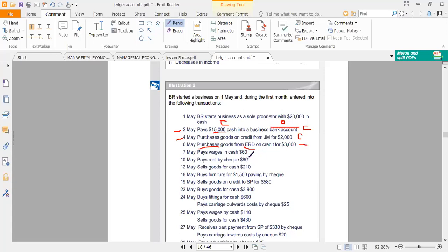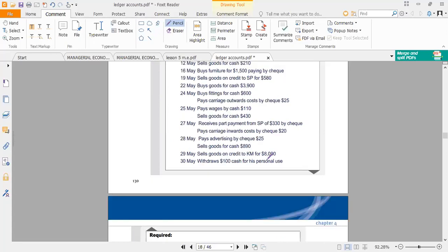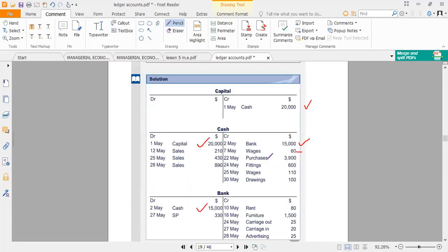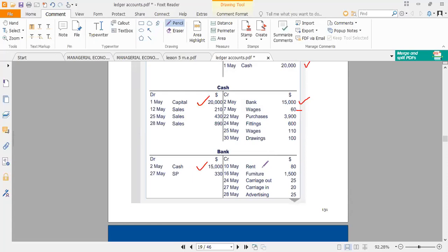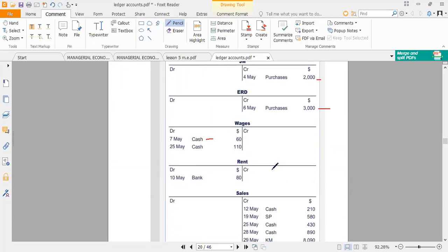We will credit the bank. Good. Then the rent is debit. Why? Because we're receiving the expense. So we'll go to the bank account, we'll put rent here, 80, good. Then we go to the rent account, we're going to write bank, 80.